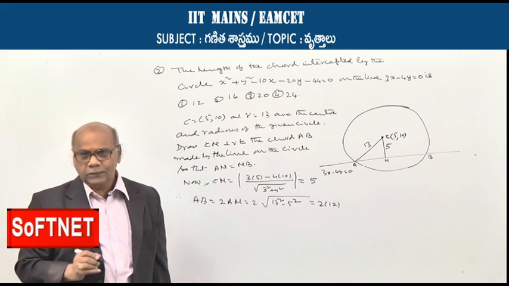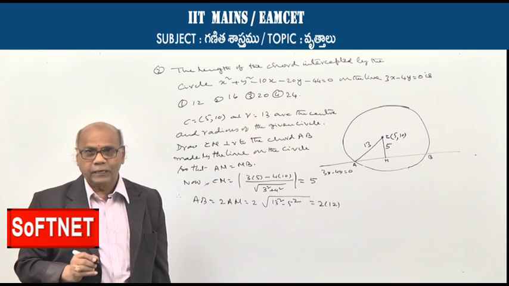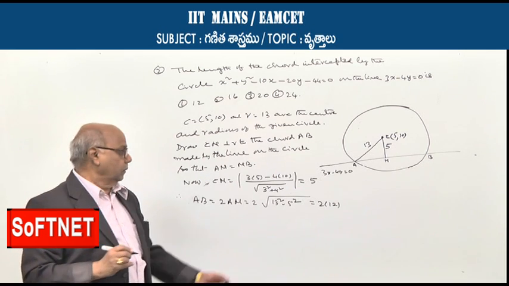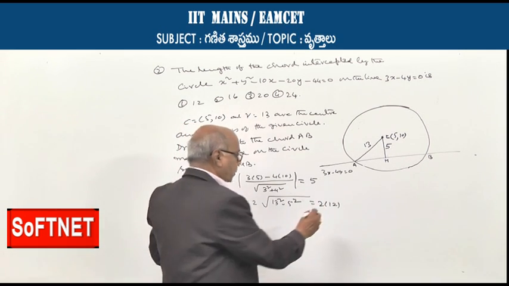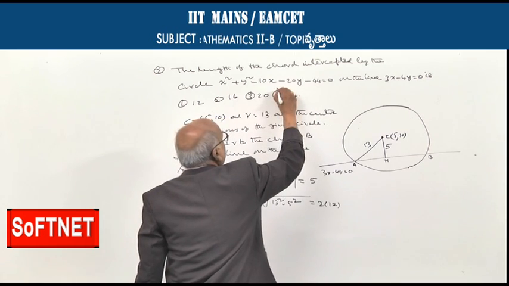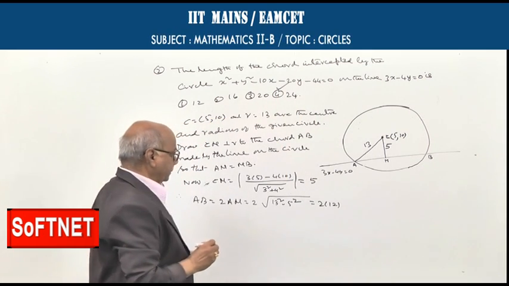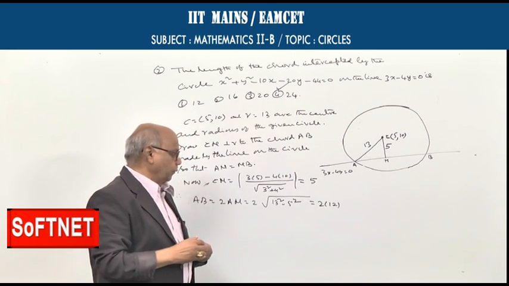So 13 square means 169 minus 25, so 144, whose root is 12. So the answer is option number 4, 2 into 12, which is equal to 24.